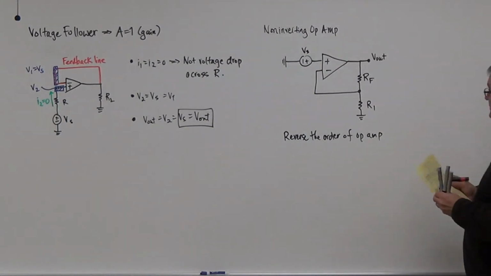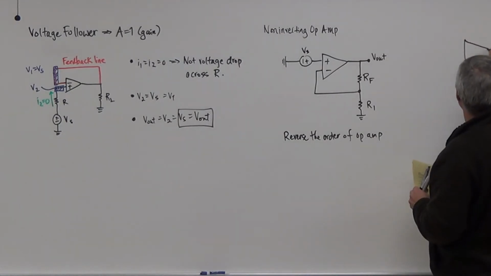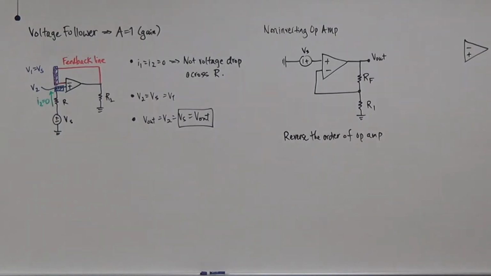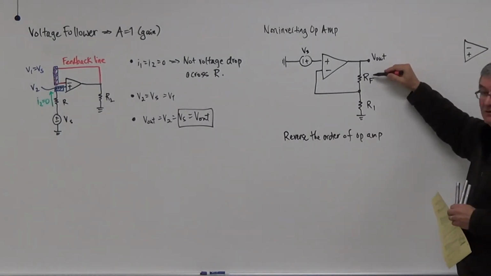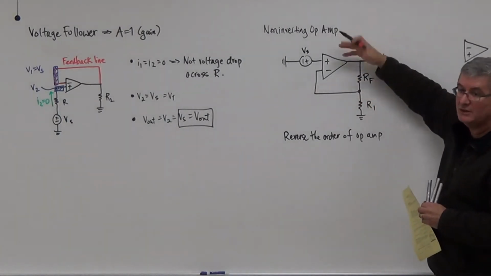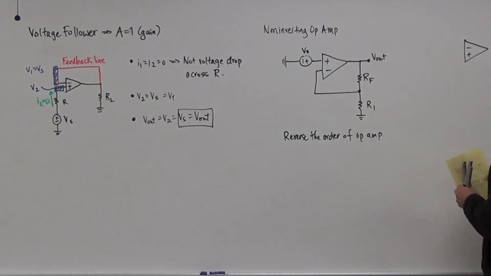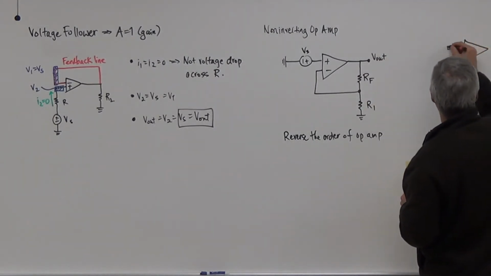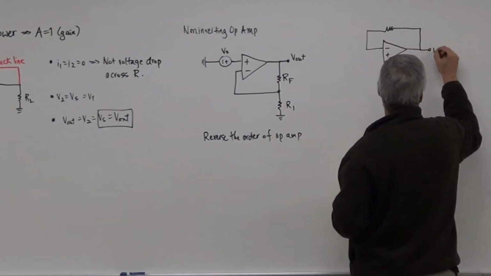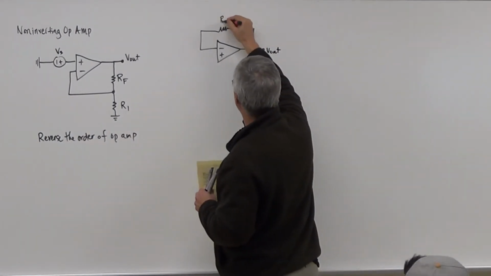Here's my op-amp, with the negative on top. If I flip this whole thing upside down, the feedback resistor has to attach to the output node. So this would be RF.